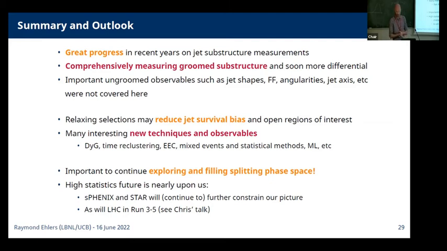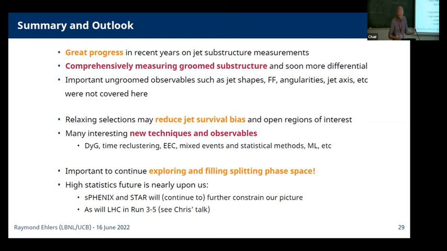In terms of where we might go, I think trying to relax some of these cuts and selections to move into the broader phase space might be something of interest as we go forward, as well as these different new techniques, many of which I at least tried to discuss.